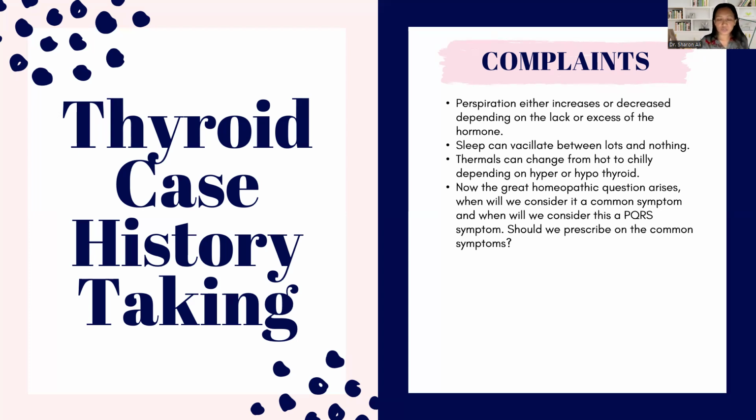We know that their perspiration will be like this or like that. We know that their sleep will be either too much or no sleep at all. We know that they can be chilly or hot. So how do we decide whether to give a medicine which is for thyroid or whether to give a constitutional medicine, or are we prescribing on common symptoms in a case of hypothyroid or hyperthyroid? Can anyone give me an answer?